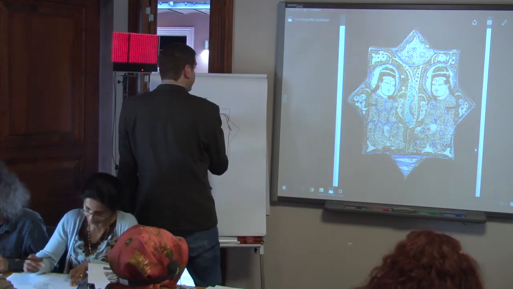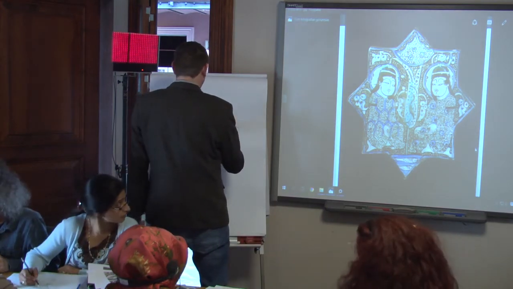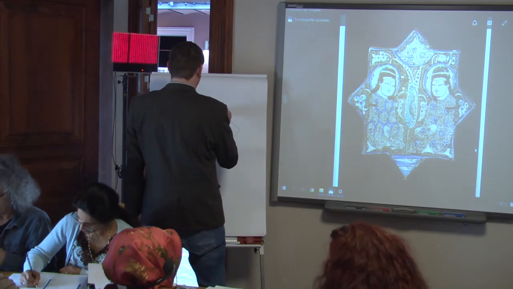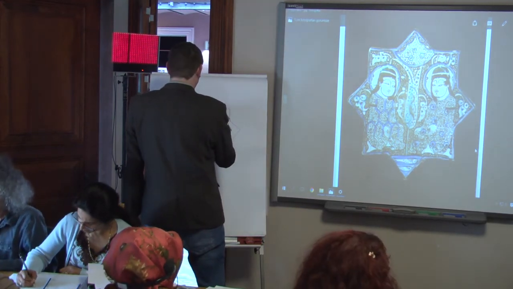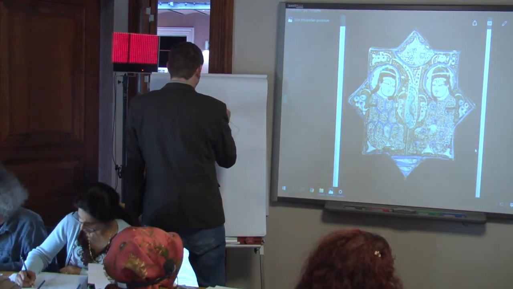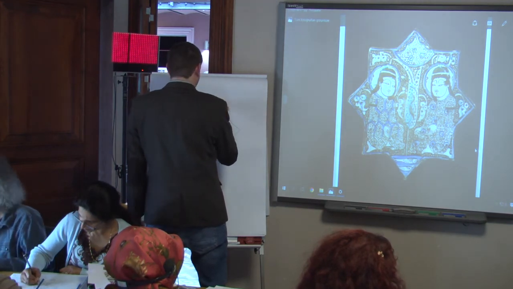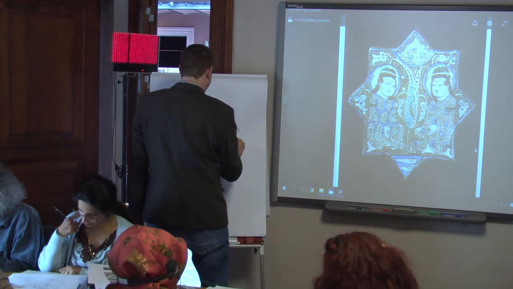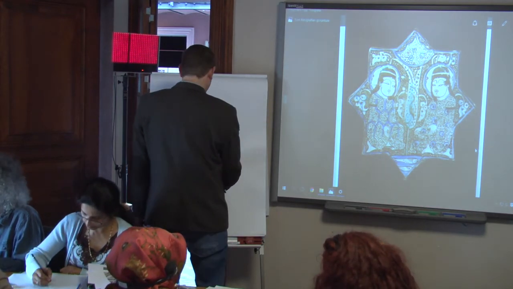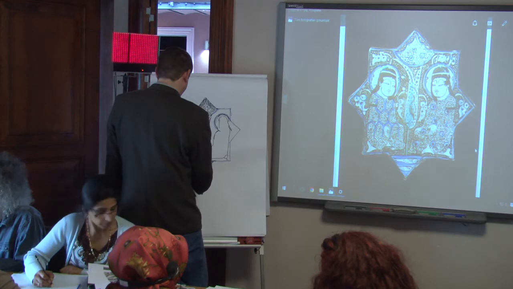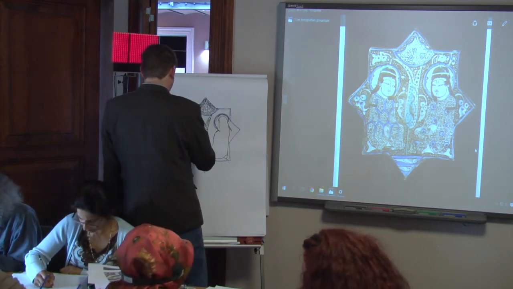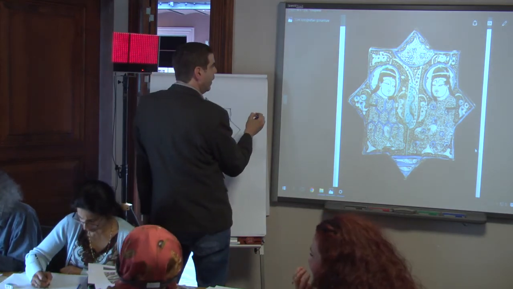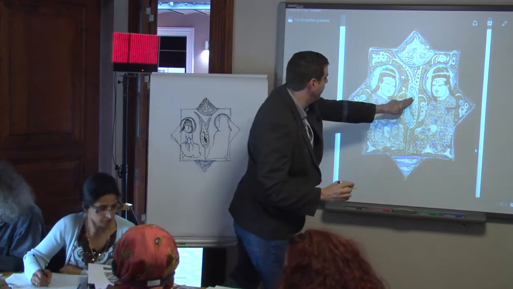On the outside, the blue around the outside of this halo here. And we've got the blue going round here, and then round here. And you have a little bit of turquoise you can see in the middle there.